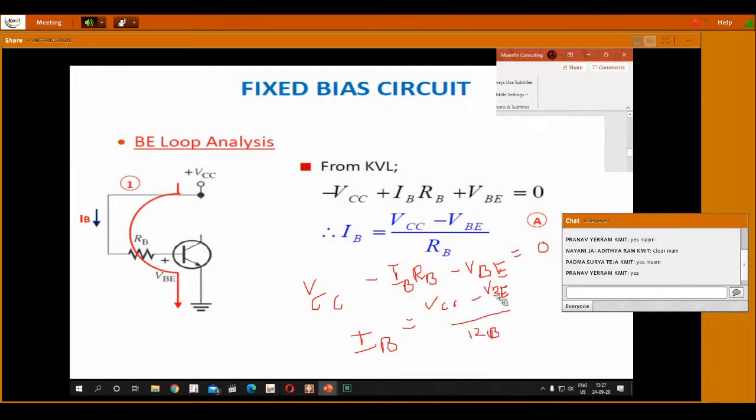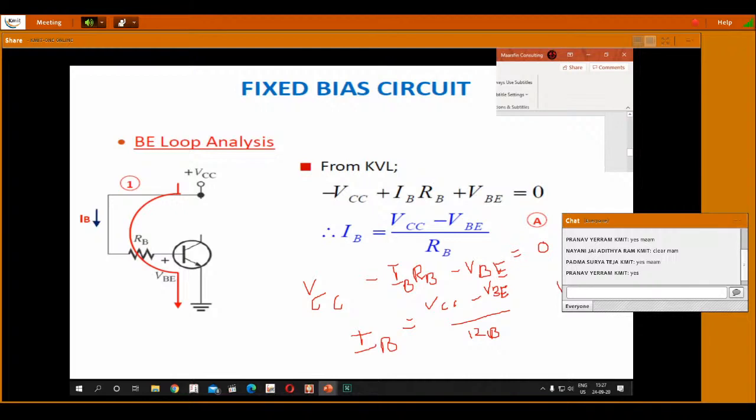As you already know, the input junction voltage VBE, the voltage between the base and emitter junction, will vary with temperature.